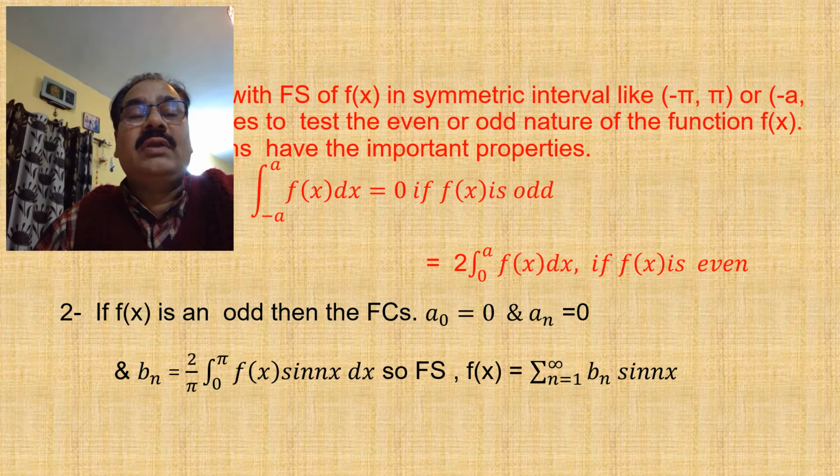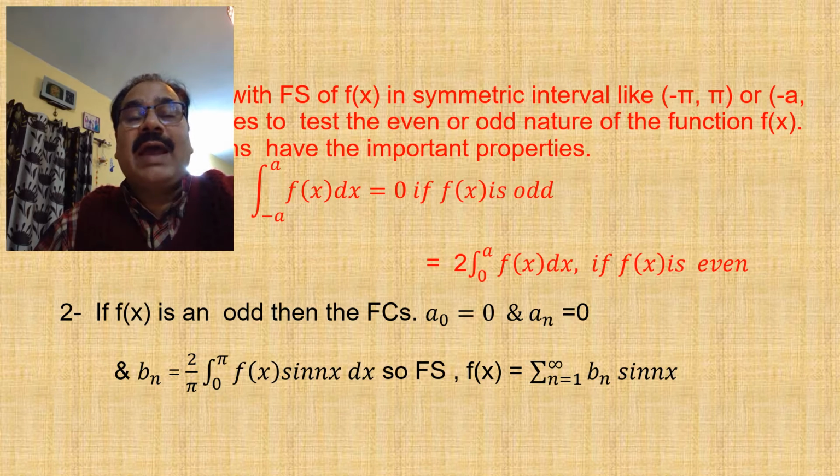If you go into detail, when we deal with the Fourier series of f(x) in a symmetric interval like minus pi to pi or minus a to a, then it is advantageous to test the even or odd nature of the function f(x). Because of that, in the previous PPT we saw the sine and cosine series when the function is even and odd.